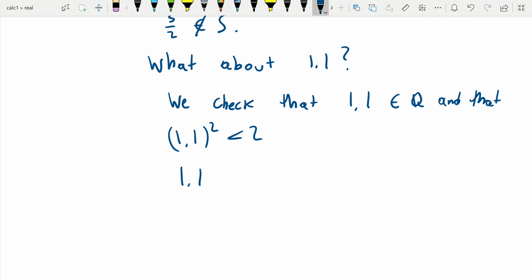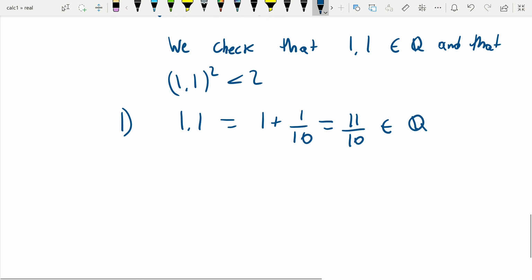The first thing: 1.1 is equal to 1 plus 1 over 10. That's the same as 11 tenths, which belongs to Q. So this checks out.